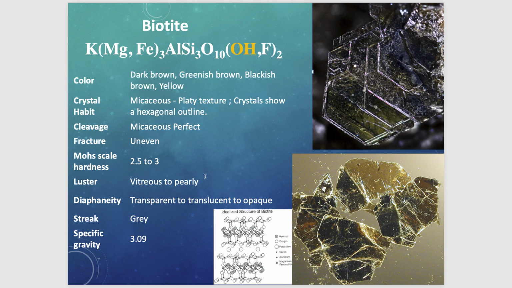Luster is vitreous to pearly. The difference is that the muscovites usually have a luster that is more metallic and more goldy in color. And also, yes, the biotite is still transparent, but much less compared to the muscovite.